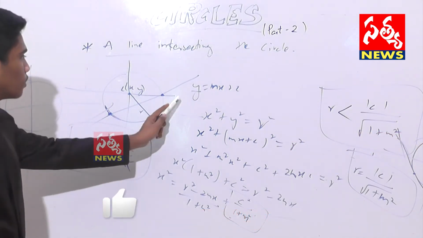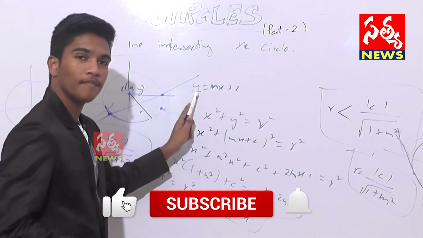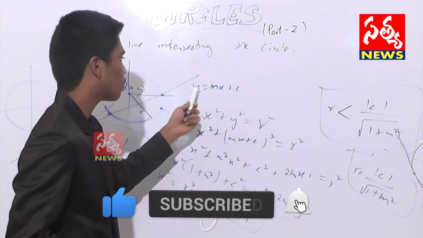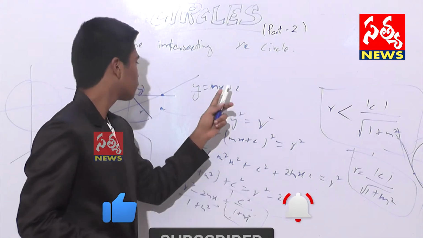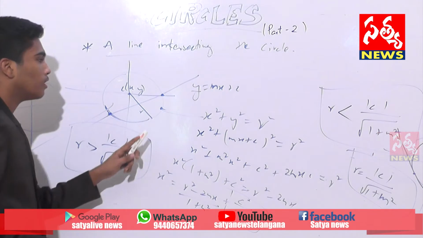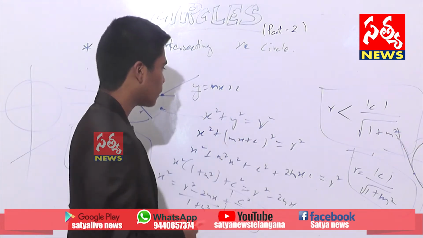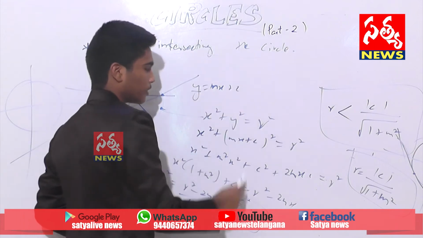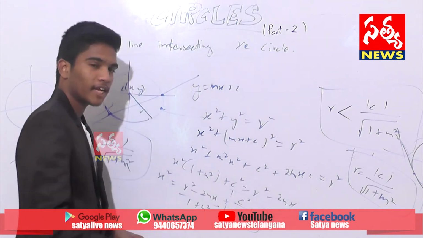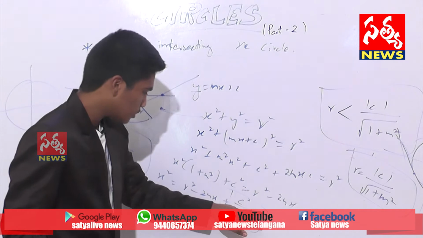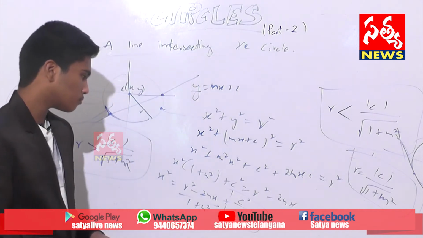Okay, see what we have done, we replaced the value of y, which means the line, in the equation of circle, x square plus y square is equals to r square, and we replaced y is equals to mx plus c, and further we expanded, here we get c square by 1 plus m square.